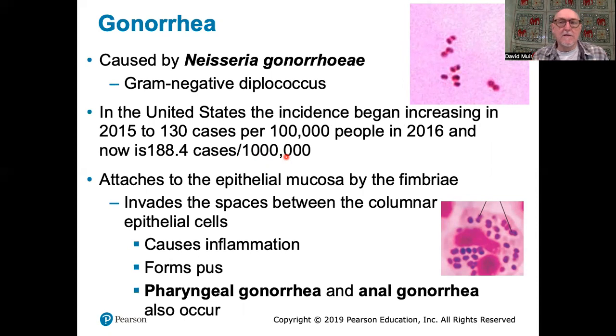This is attributable to several things. First of all, definitely to resistant strains of Neisseria arising, which is normally treatable with antibiotics, but also to the failure of people who are sexually active to observe safe sex practices.